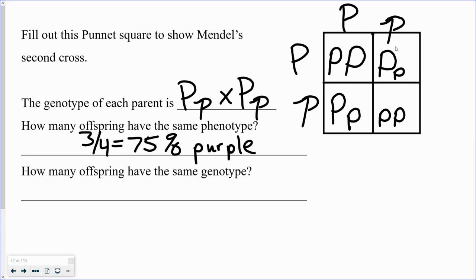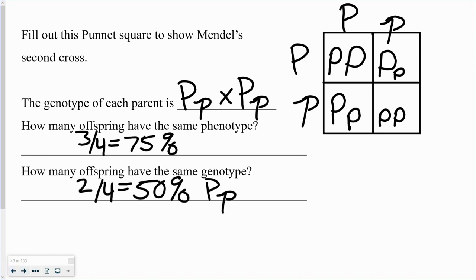So 3/4 of these offspring, or 75%, come out purple. These two boxes here have the exact same genotype. They both have a dominant and a recessive. So 50% have the same genotype, the same combination of alleles.